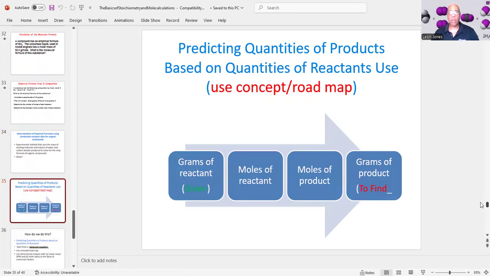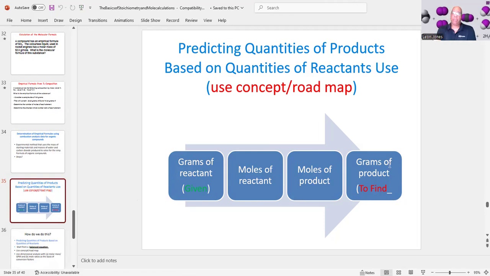Again, predicting quantities of products based on quantities of reactants. So we have grams of reactants, moles of reactant, moles of product, grams of product.